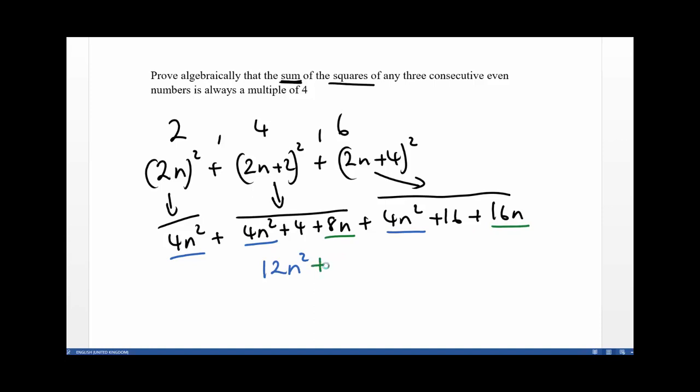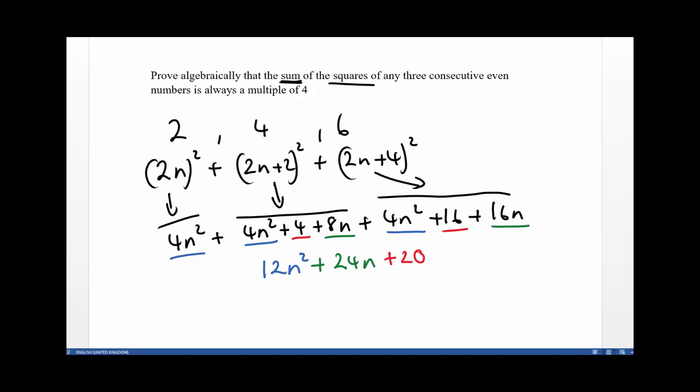That's going to be plus 24n. Then we've got our whole numbers here, our constant terms. It's going to be plus 20. Now, we've got an expression that says 12n squared plus 24n plus 20.